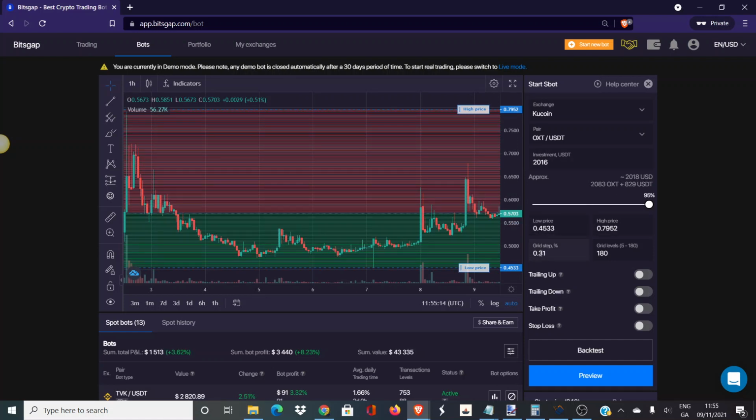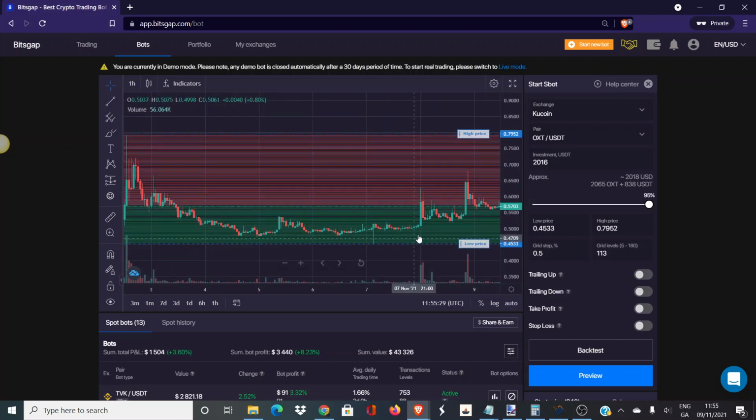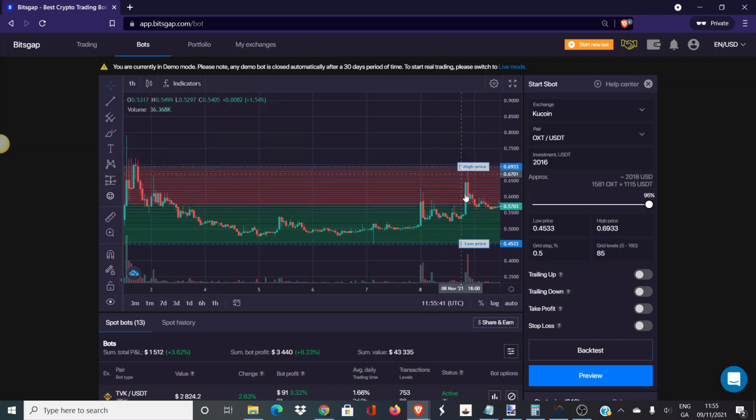As you see, it gives me a 0.31 grid step as automatic, with 190 grid levels. I usually go with something like 0.5, and it gives me 113 grid levels, which I'm okay with. Then I check how the grids have been spaced. I usually prefer when the grids are spaced half and half, so I'm going to move this one down here and this one a little bit lower.